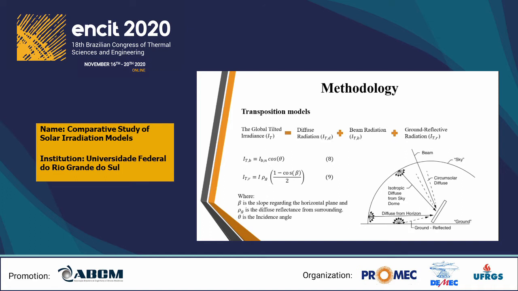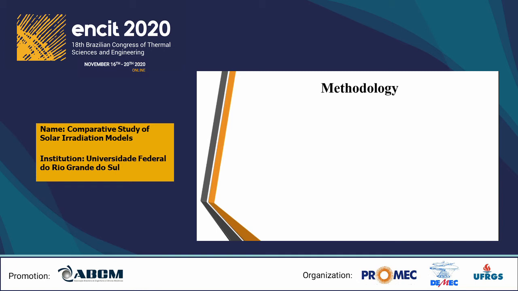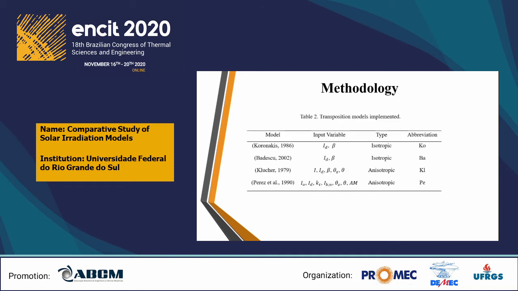The diffuse component can be divided into three diffuse irradiations: the isotropic diffuse irradiation, the circumsolar diffuse irradiation, and the horizon brightening diffuse irradiation. These models can be classified into isotropic and anisotropic models.